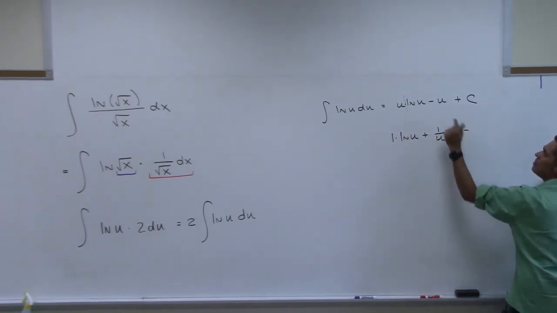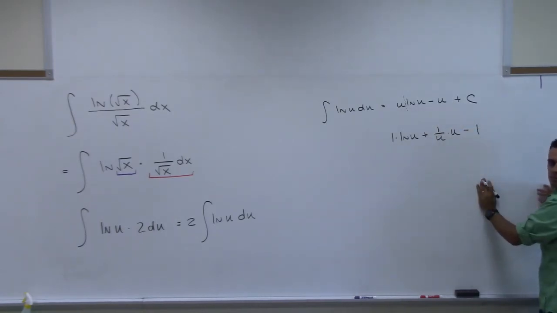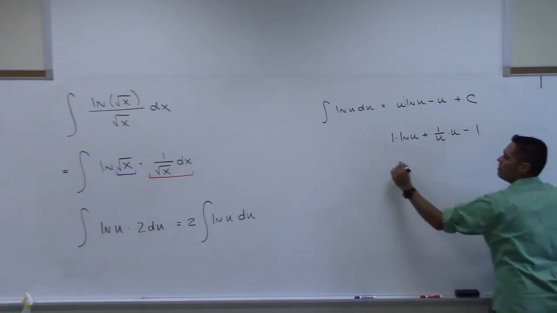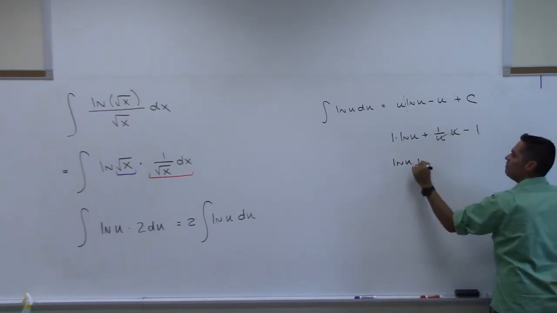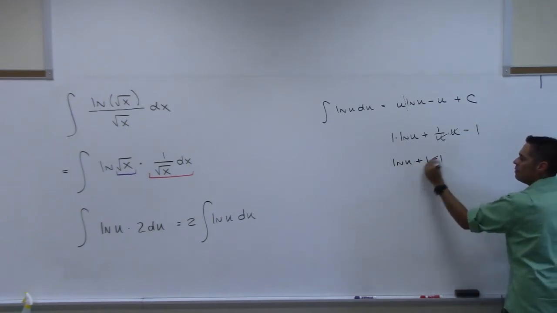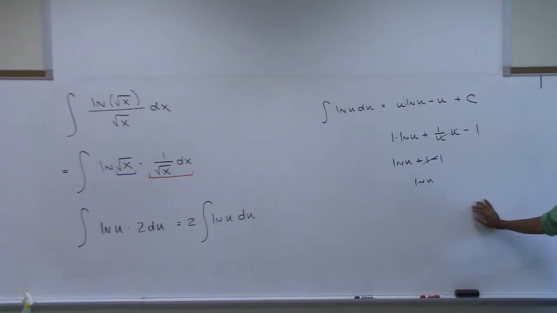Okay, and then minus the derivative of u, which is 1. With me? Okay, this is natural log u. This is what? Plus 1 minus 1. Natural log u. Okay?